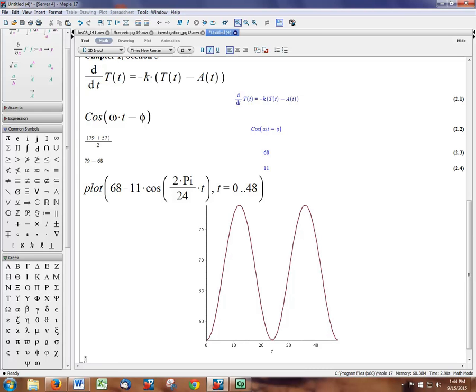The problem is high temperature is not at noon on the Earth. It's usually around 4 o'clock. So I have to shift this to the right 4 hours. And then I have to put that 4 hours in terms of the cosine, so it would be an angular measurement. Would it be a plus or minus sign to shift it 4 hours to the right?